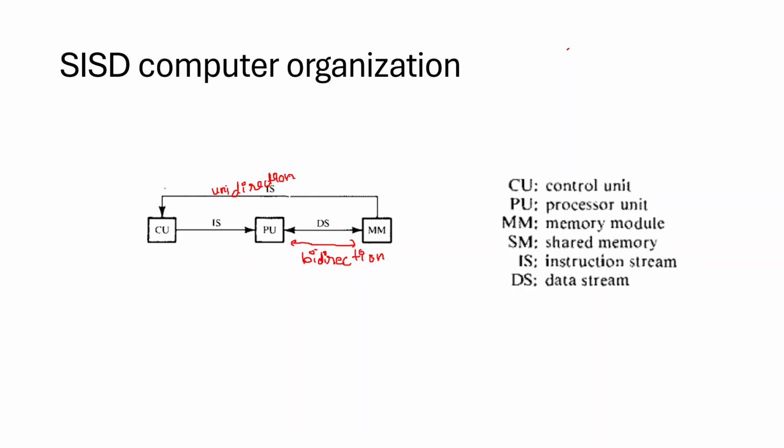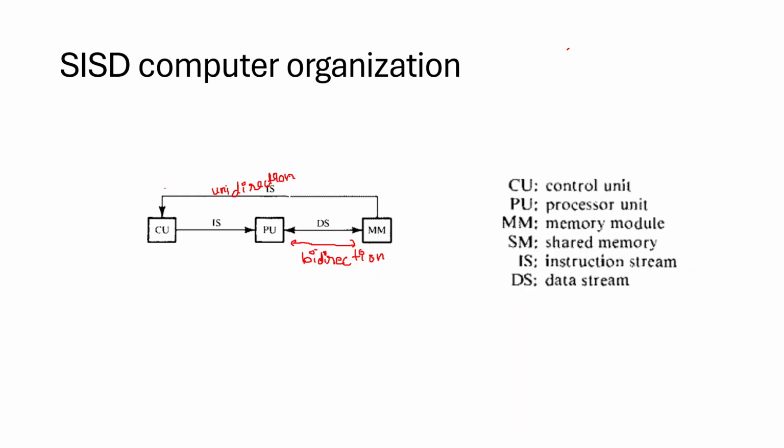The connection between the processing unit and the memory module is bidirectional because while instructions are getting executed, the operand values are fetched from the memory, and after execution, the result might be stored back into the memory module.